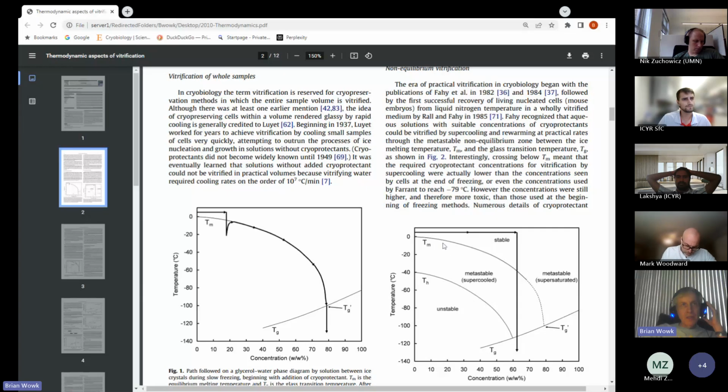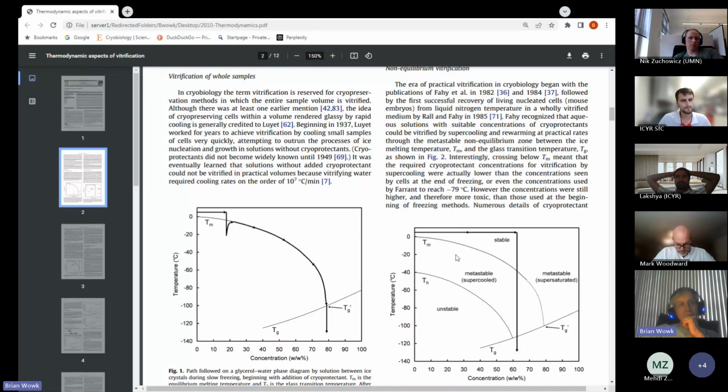So between the ice melting temperature curve Tm and Th, freezing is thermodynamically favored, but the size of the ice crystal matters.